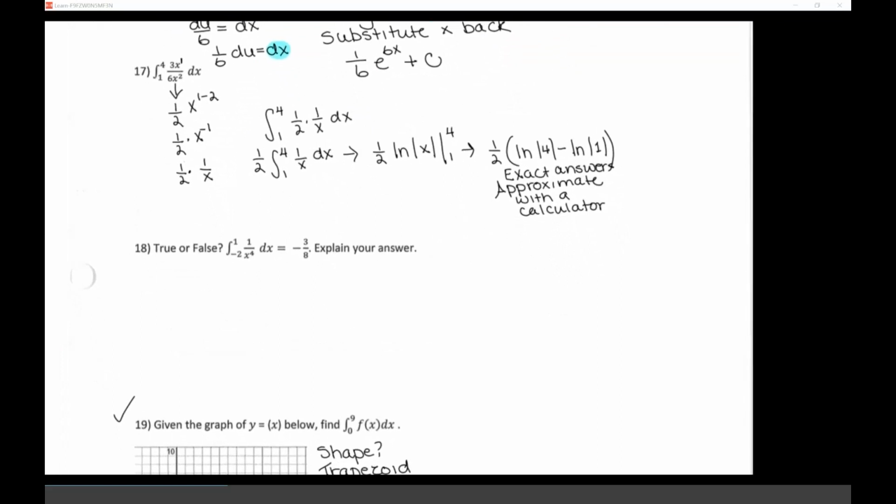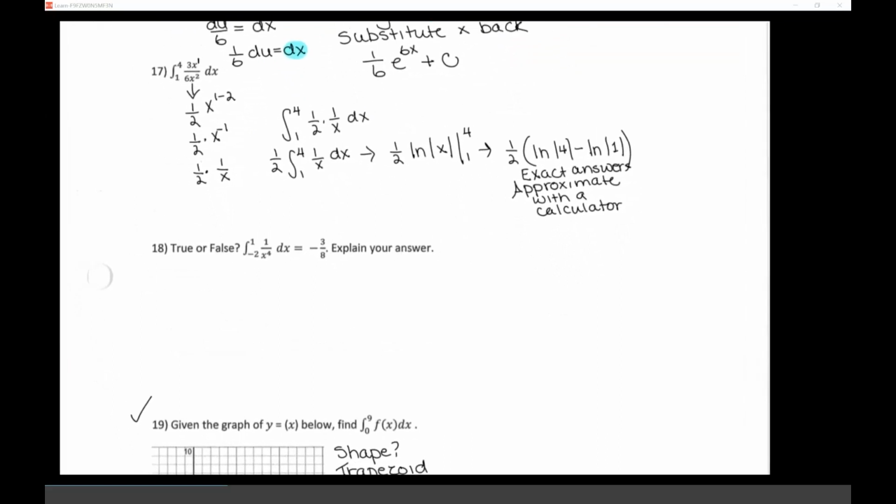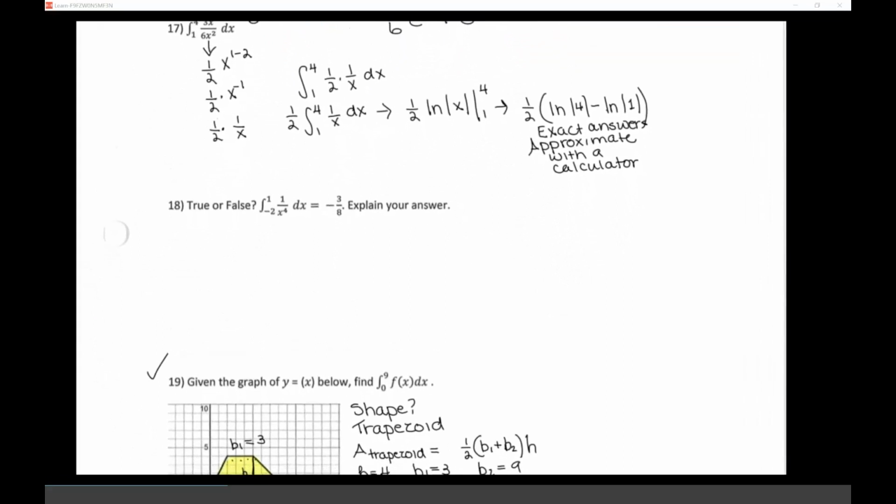We've actually gotten to do them all, the ones that make sense to do by hand. This is a true-false question. What's important with true-false questions, if you're doing it in an online test, it's either right or it's wrong. But you see this piece? Explain your answer.